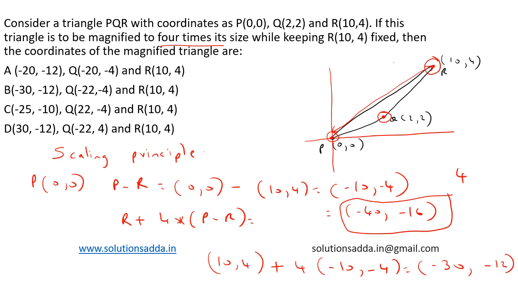This is one coordinate. So the first coordinate we are getting for P, we can fix it as (-30,-12). It can be either B or D.